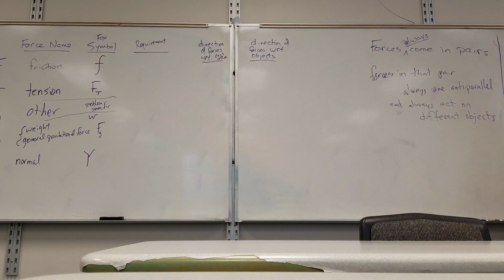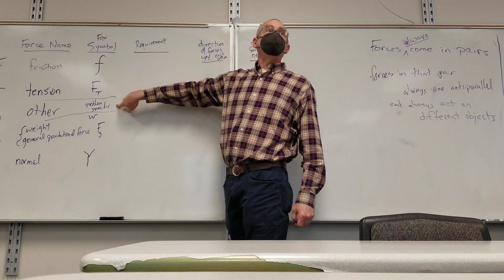I'll explain in just a moment how we differentiate other from, I mean, it's not just, I don't know what it is, so I'm going to throw it into other. Here, problem specific.